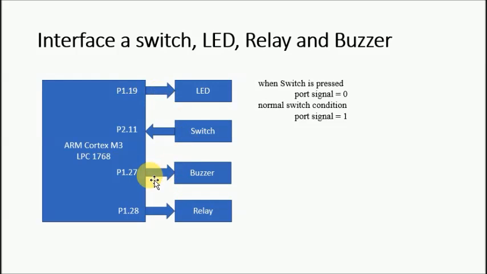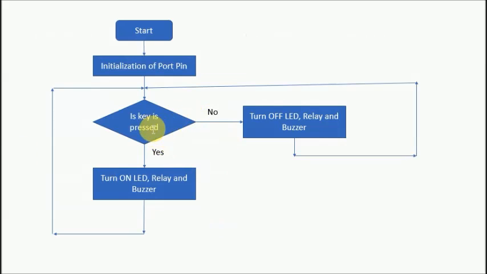When we write logic 1, the LED, buzzer and relay will be turned on. So when the key is pressed, we should send logic 1 to the port pins where the LED, relay and buzzer are connected, and then they will be turned on.